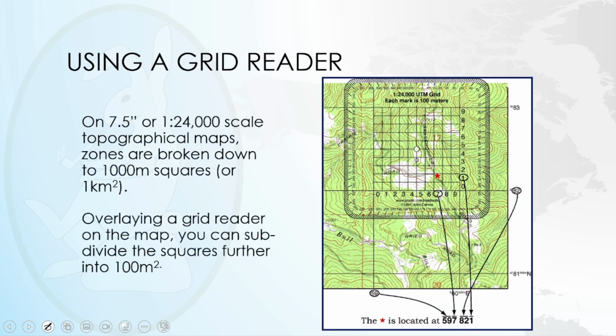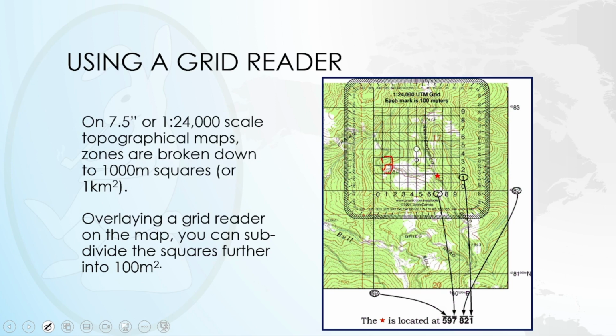You may have used these in the past or heard about these in the past, but what the grid reader is going to do is break down those larger 1 square kilometers into 100-meter squares. So that's what you see inside of here. You have the 100-meter squares inside of these little squares.